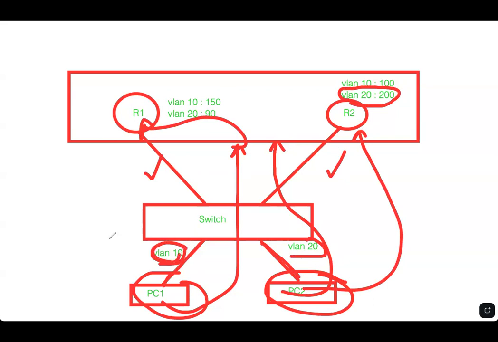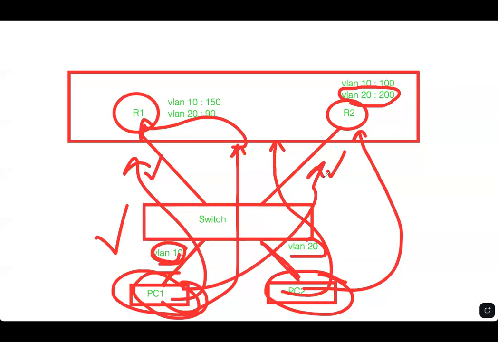We are only load sharing at the VLAN level, not at the PC level. If this PC wants to use both the routers, it cannot, because VLAN 10 always has higher priority on this one, and VLAN 20 is always higher on this one. So we are not doing per host load balancing in HSRP or VRRP, whereas in GLBP, we can do per host load balancing.